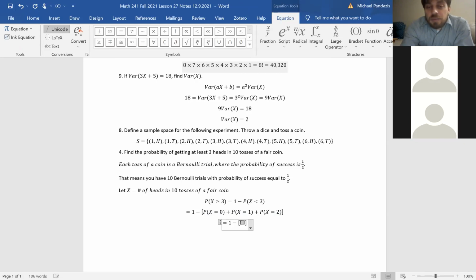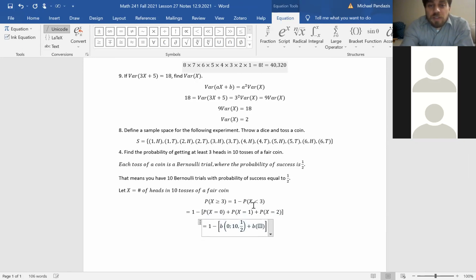Now the probability that x is equal to 0, that's just the value of the binomial probability density function when the number of successes is 0 in 10 Bernoulli trials, where the probability of success of each trial is 1/2.